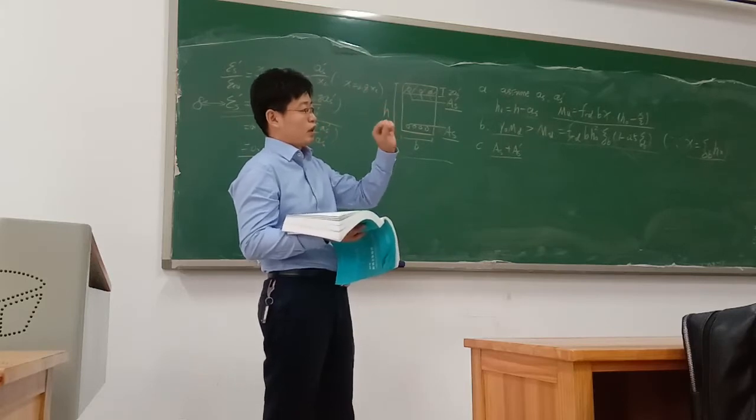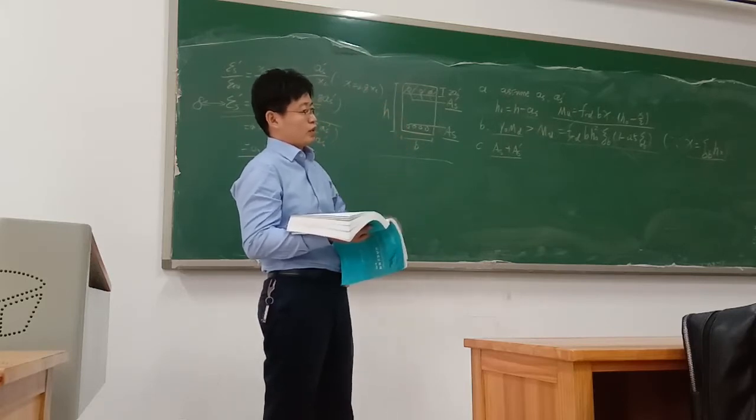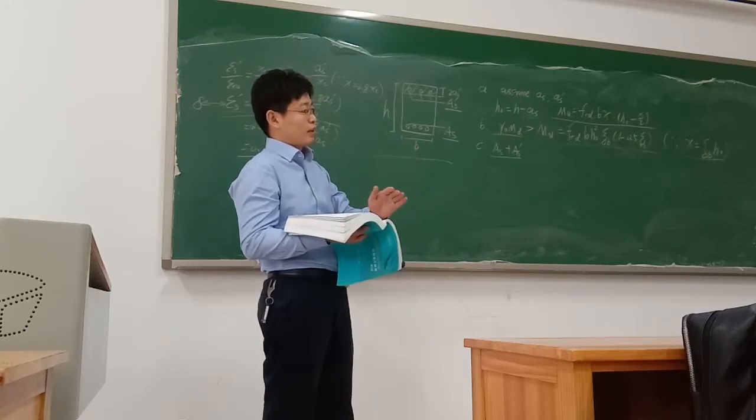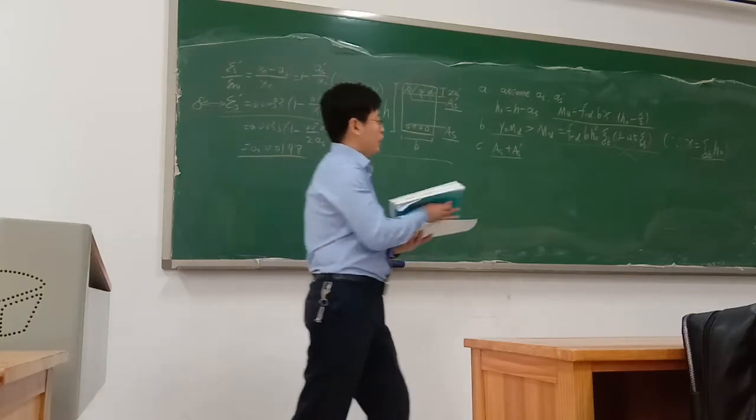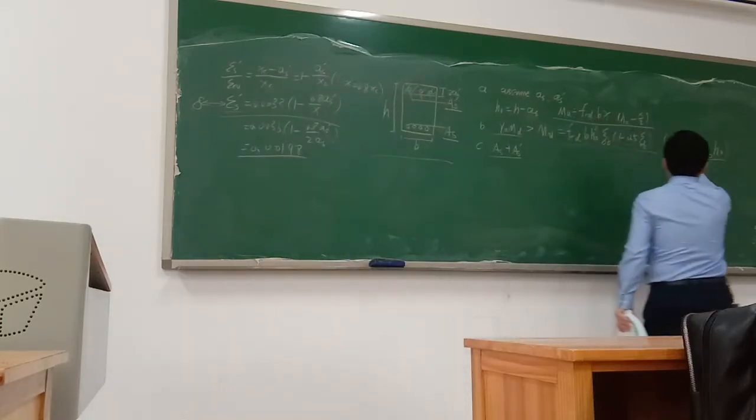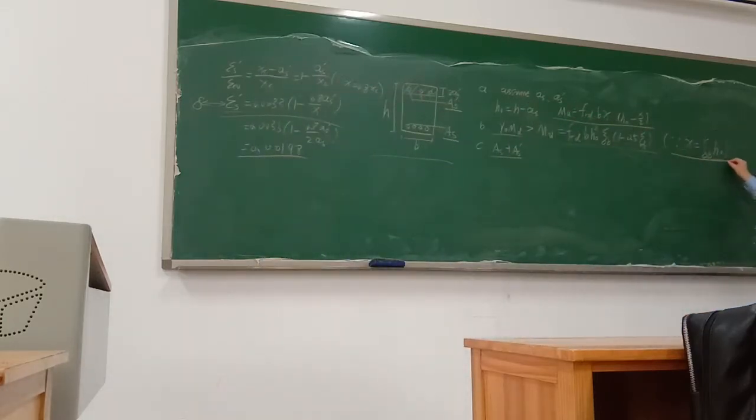They both use CB H0 as the boundary condition. Once X is larger than this line, that means over-reinforcement. This condition is suitable not only for single reinforcement beams, but also for double reinforcement beams.